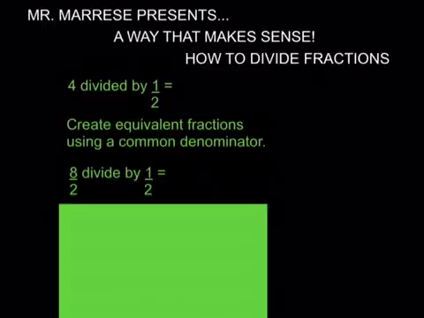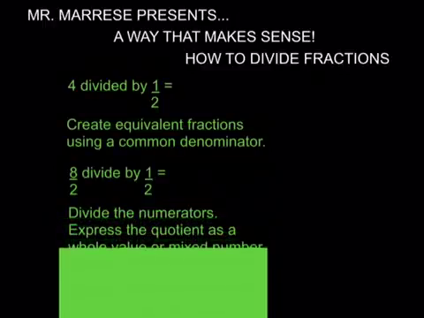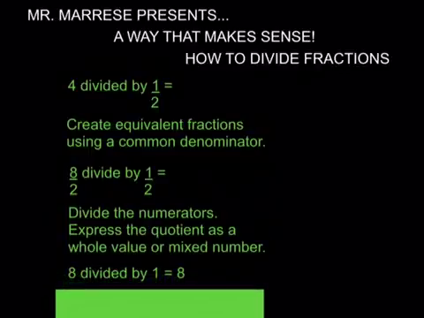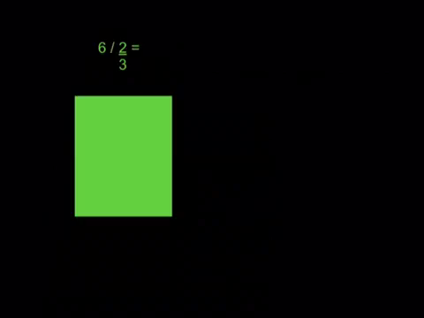Next, with a common denominator, we can divide the numerators and express the quotient as a whole value or mixed number. 8 divided by 1 equals 8 whole. Therefore, there are 8 halves in 4 whole.